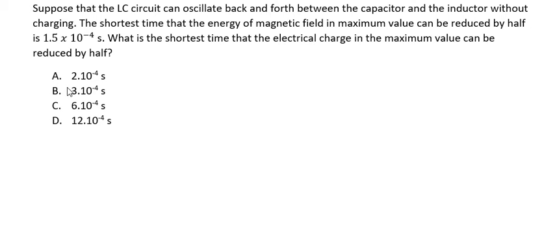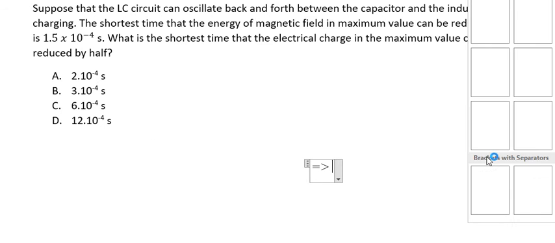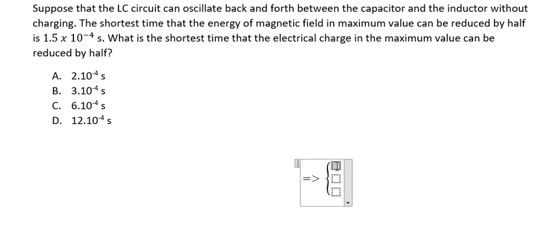We have A, B, C, D. So I will show the technique of how to answer the question. We will have three formulas. The first formula is about the energy of the magnetic field.